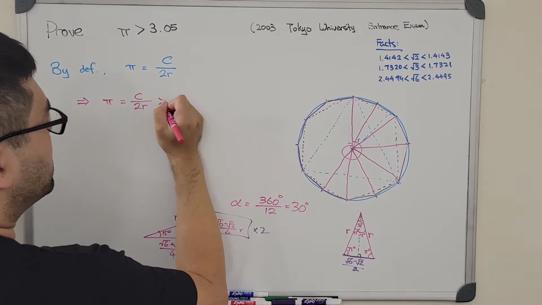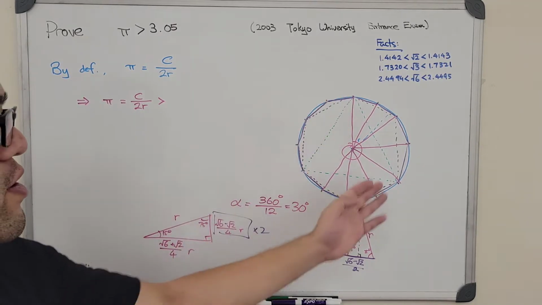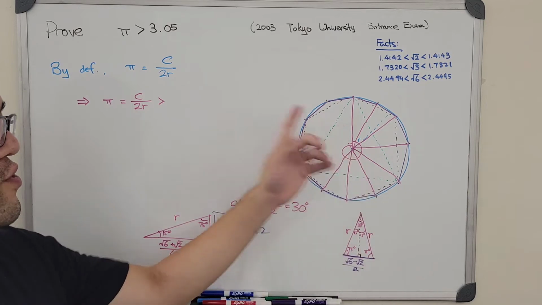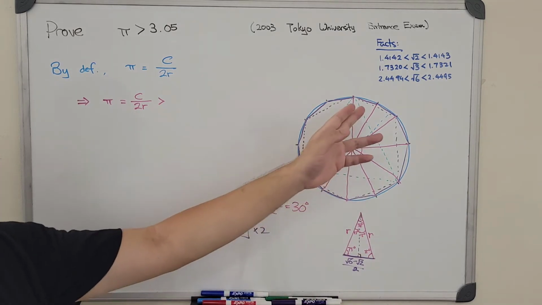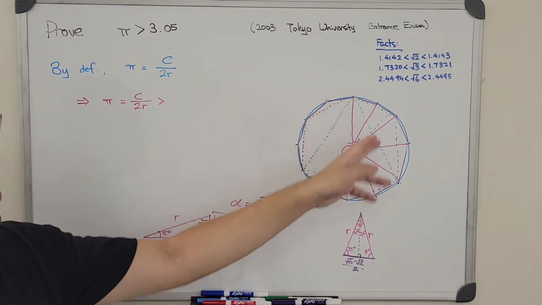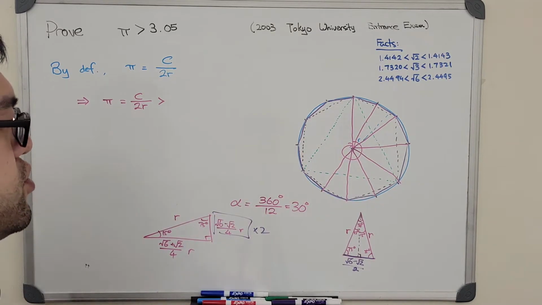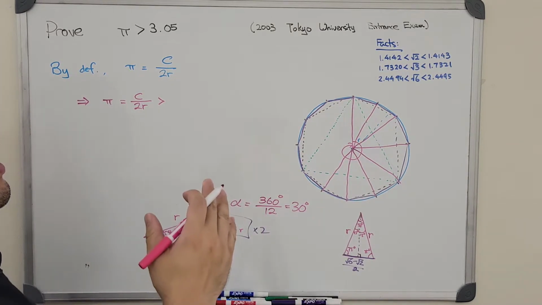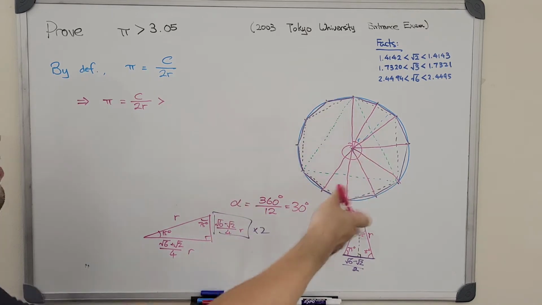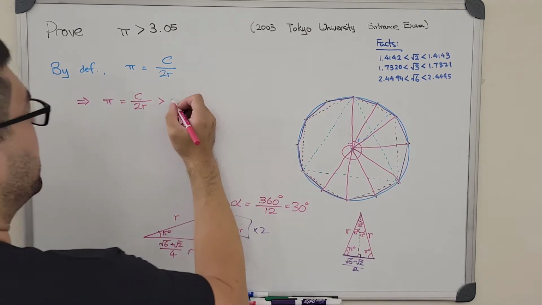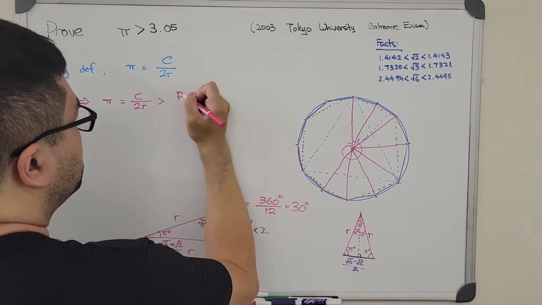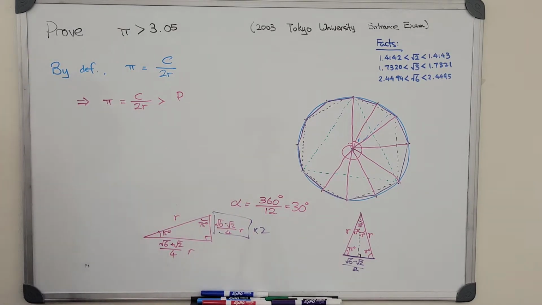Then again, we just said that from the figure, the circumference of the circle must be greater than the perimeter of the regular polygon we draw, because the regular polygon lies inside of the circle that we have. So in this case, the perimeter will be smaller than the circumference, or the circumference is greater than the perimeter.